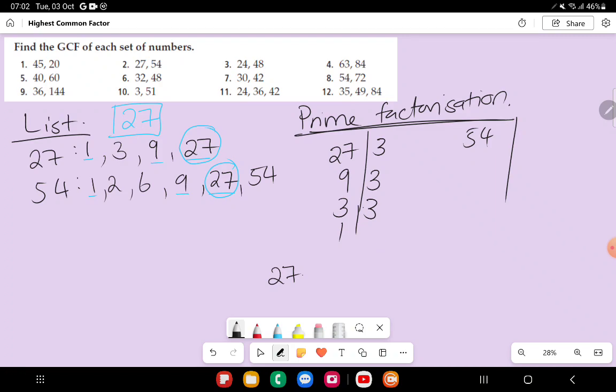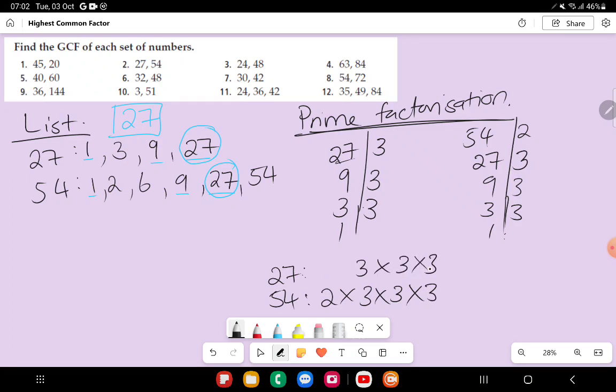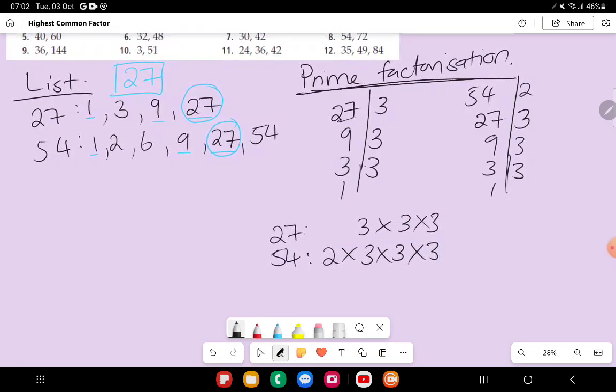54 is going to be 54 divided by 2 gives me 27. And then, because it's the same 27, I'm going to do 3, 9, 3, 3, 3, 1. Okay, so 54 and 27. 54 starts with 2, then it's 3 times 3 times 3, and 27 is 3 times 3 times 3. Now, when I'm looking at the highest common factor, I am going to say these are in common, these are in common, and these are in common.